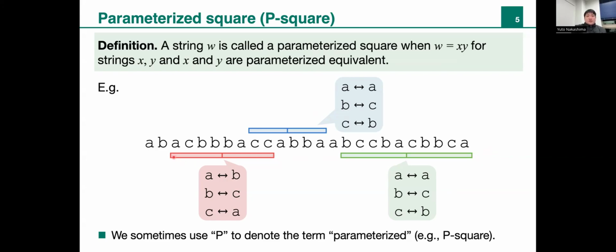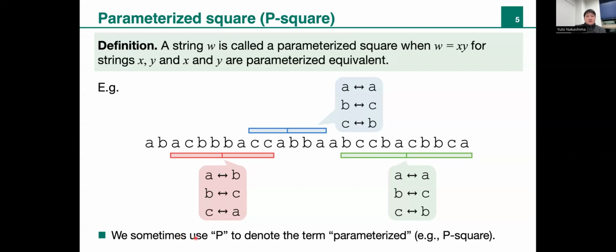For this string, ACBB is parameterized equivalent to BACC, so ACBBBACC is a parameterized square. Let's see this longer one. BCCBA is parameterized equivalent to CBBCA because there is a bijection like this, so this string is a parameterized square.